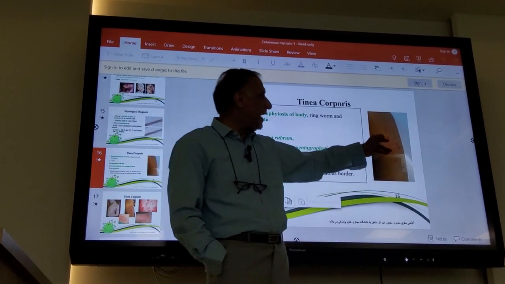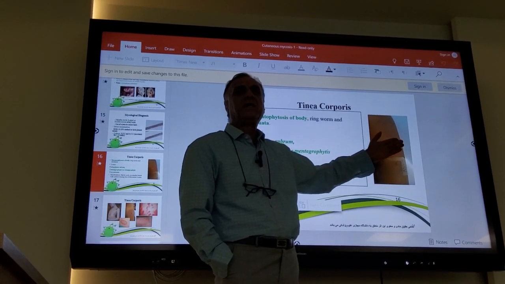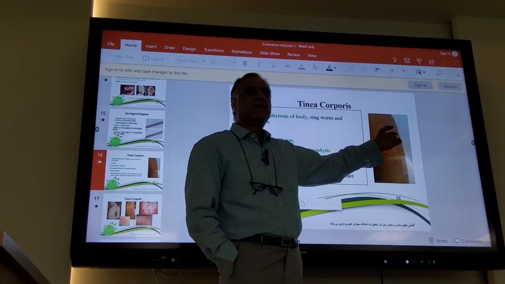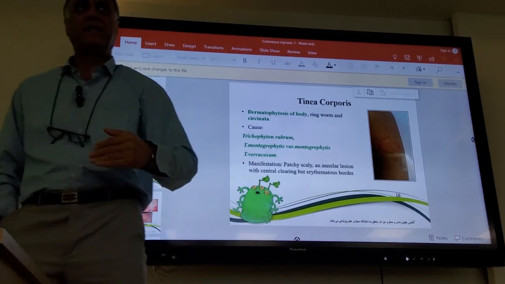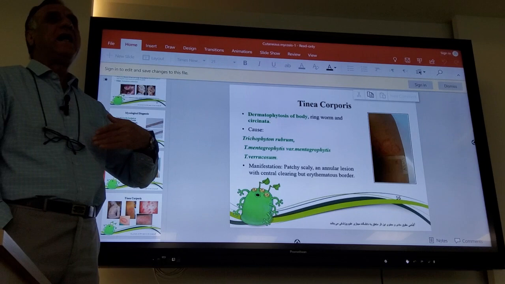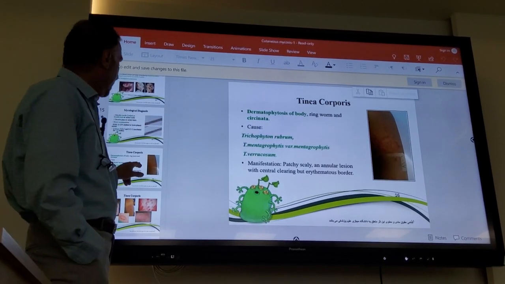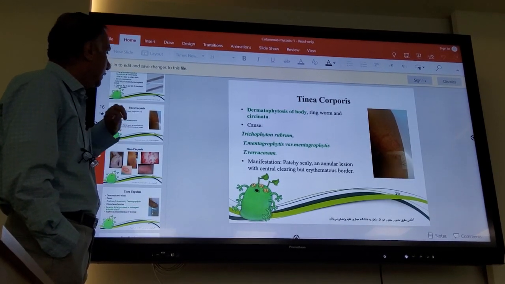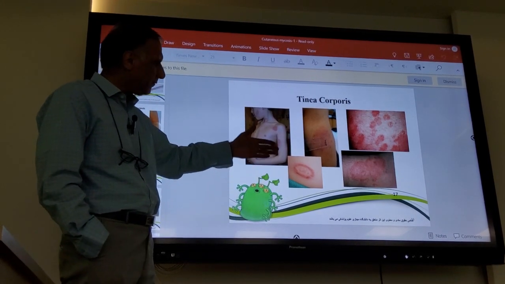The lesion has a sharp margin between normal skin and the lesion. It is important, and the lesion usually spreads and changes to a larger lesion compared to the earlier lesion.